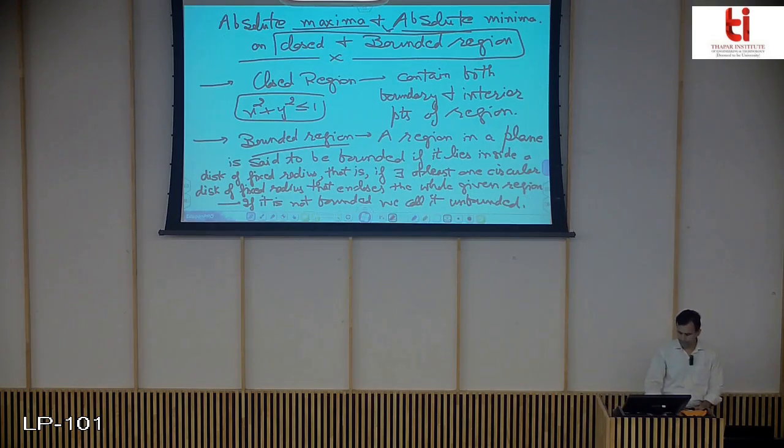So now let us see how to find the absolute maximum and minimum when some boundary or region is given on which function f(x, y) is defined. Here we have to find its extreme value on that particular region. Example 1. We have a strategy for finding the absolute maxima and minima on a closed and bounded region. Let me write the strategy first.